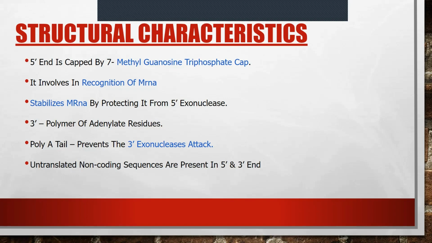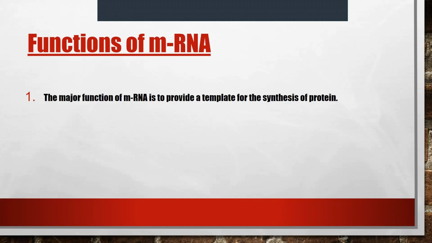You have a 3' polymer of adenylate residues, the poly A tail, which prevents exonuclease attack. You have untranslated non-coding sequences present at the 5' end and the 3' end. The major function of mRNA is providing a template for protein synthesis.